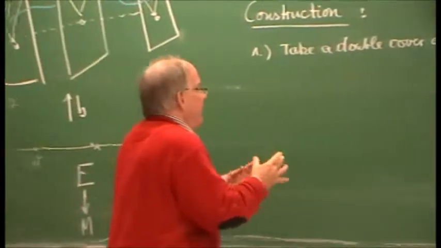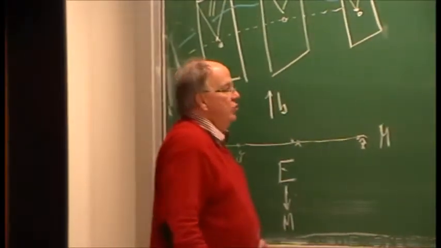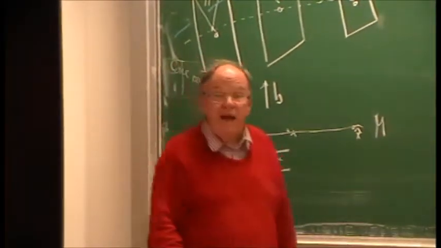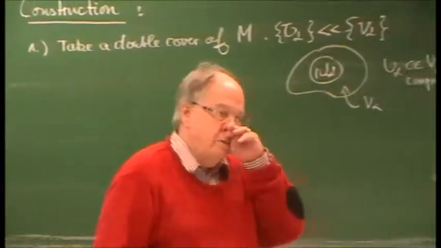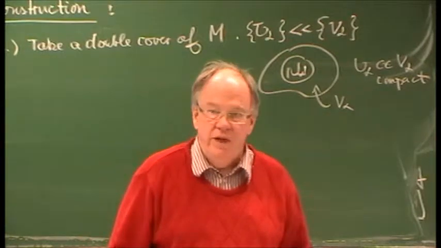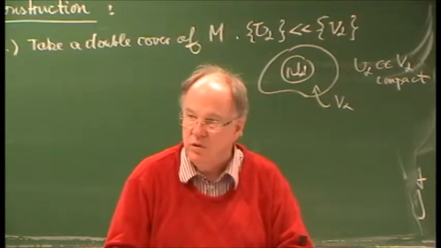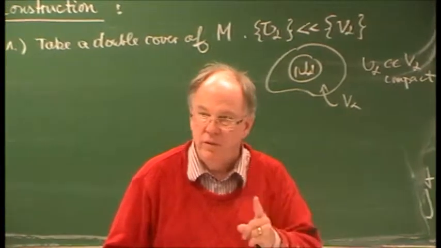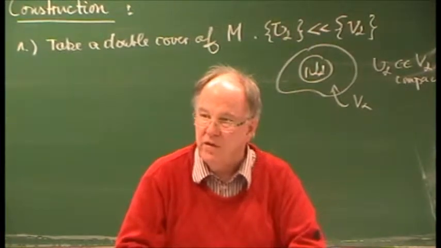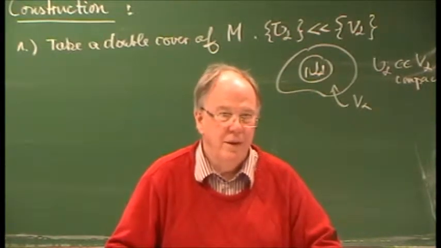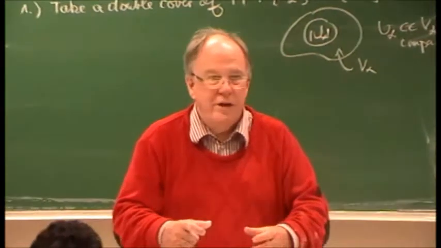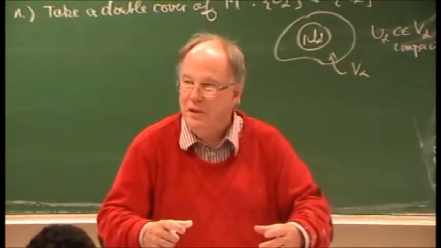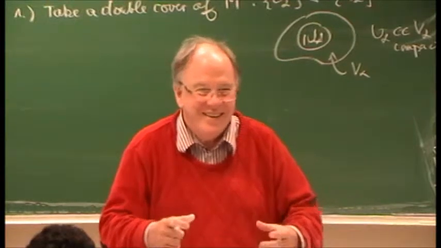It means it's bounded inside of V alpha. And you have such double coverings. That is a fact that you should check. If you haven't checked this yet, do it. Any manifold has a double covering. The smaller thing is really compact in the bigger thing, but it's a double cover. You understand? The smaller things cover and the bigger things cover. Well, that's pretty clear how you make that. You start with the smaller things and you expand to the bigger. Right? And then you got it.